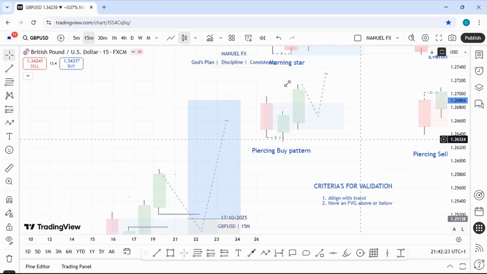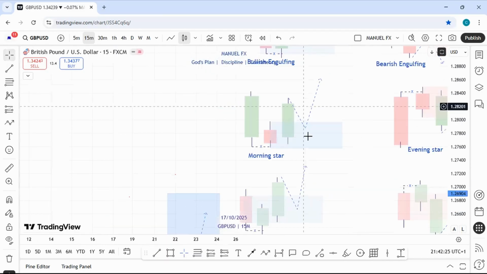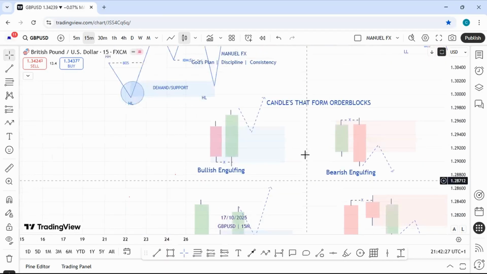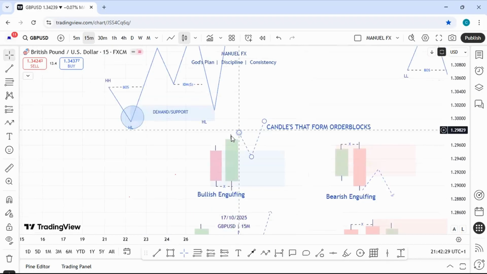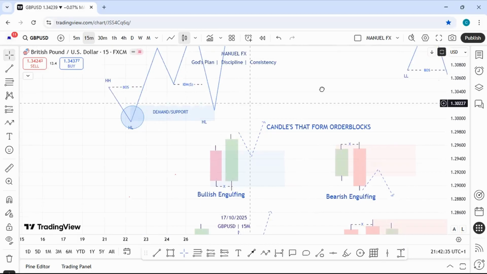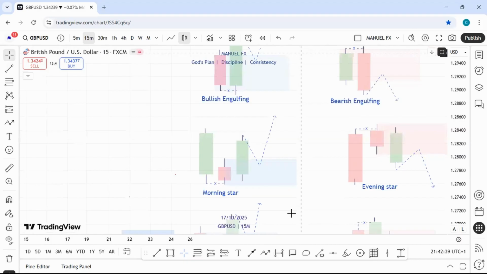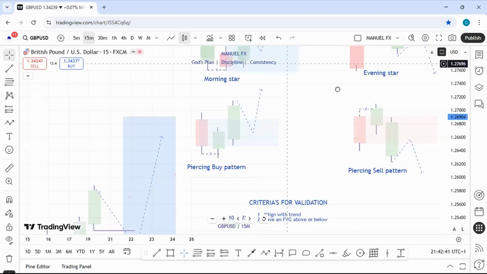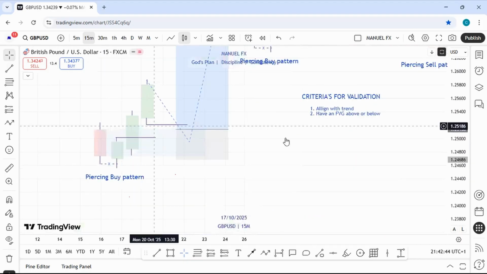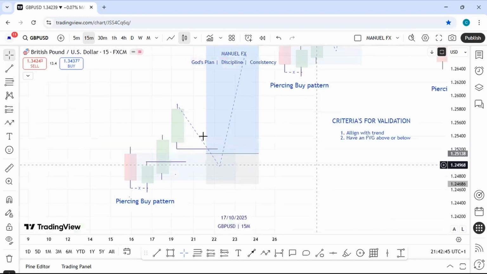Likewise every other pattern. So you can see a fair value gap from here to here. You can see two more candles create here, and then a fair value gap. So once there is a fair value gap above your buy POI, it validates that order block.